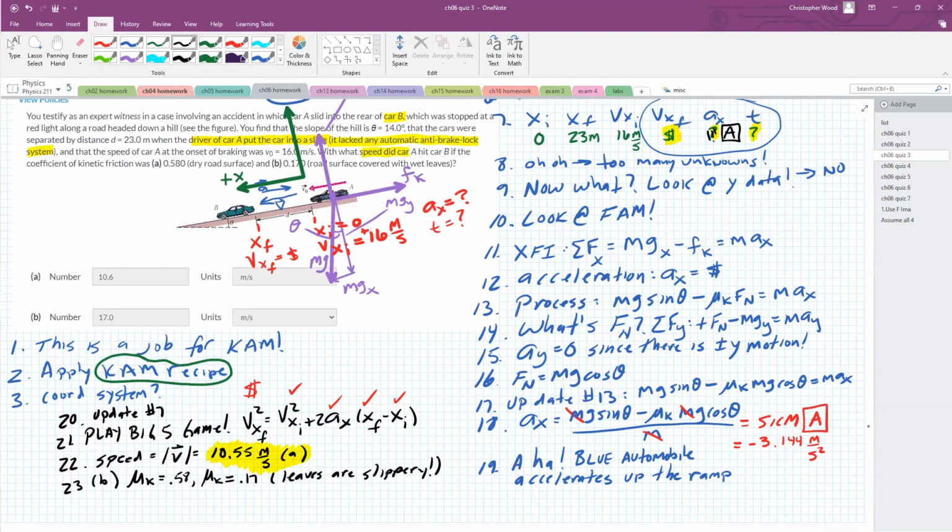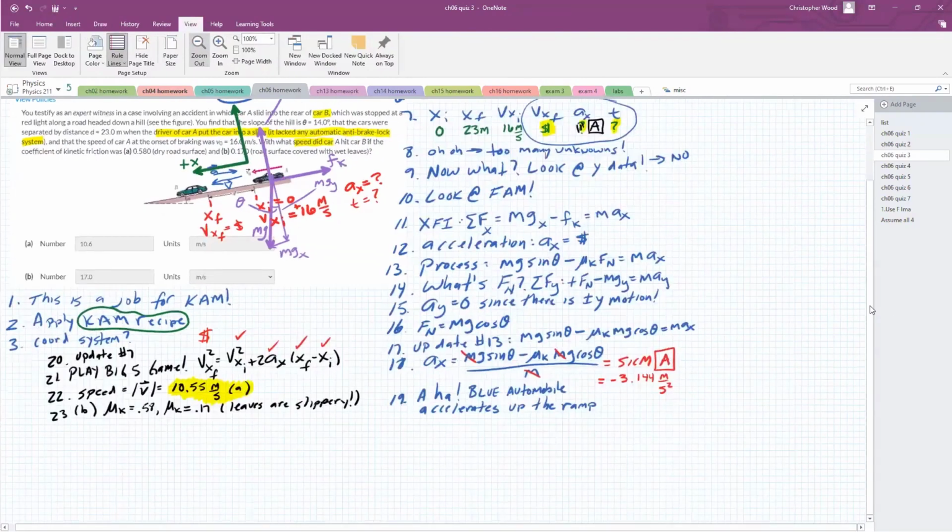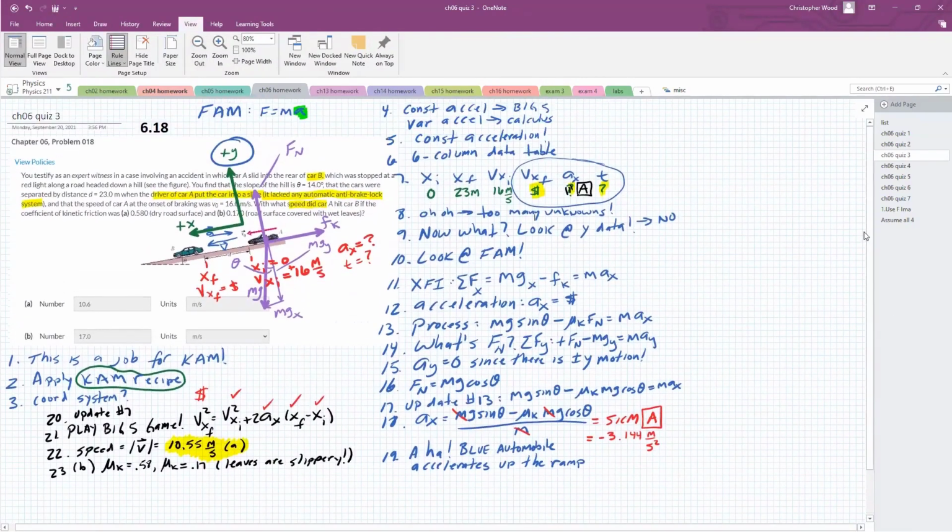Let me scroll down a little. Well, let me zoom out. You can repeat all of this, and it's going to go quickly. You can repeat all of this for this new coefficient of kinetic friction. And I'll just write that down, number 24. Repeat steps. Everything's the same. I'm just going to say repeat with mu sub k equals 0.17.